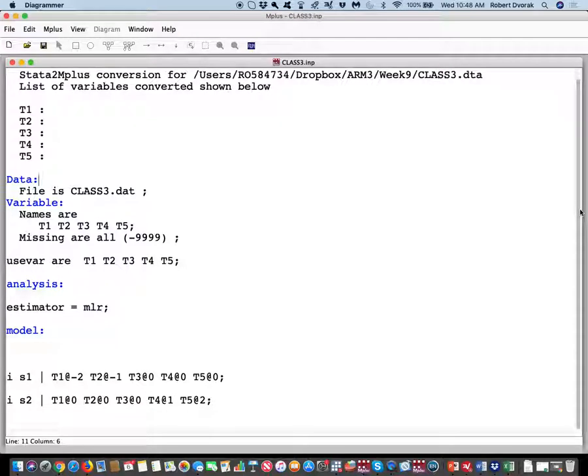Has everybody opened this up now? We've got time 1, 2, 3, 4, 5 in group 3, right? Let's start by just doing this, and let's go 0, 1, 2, 3, 4. This assumes just a simple linear slope across time, right?